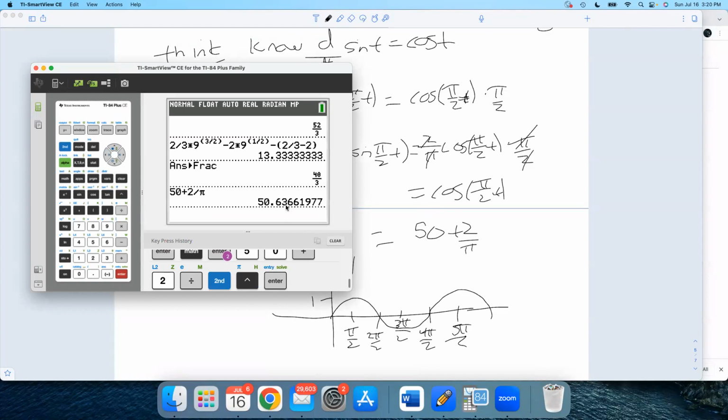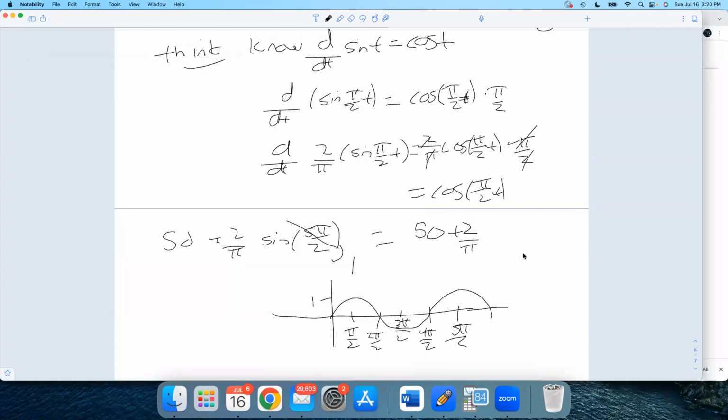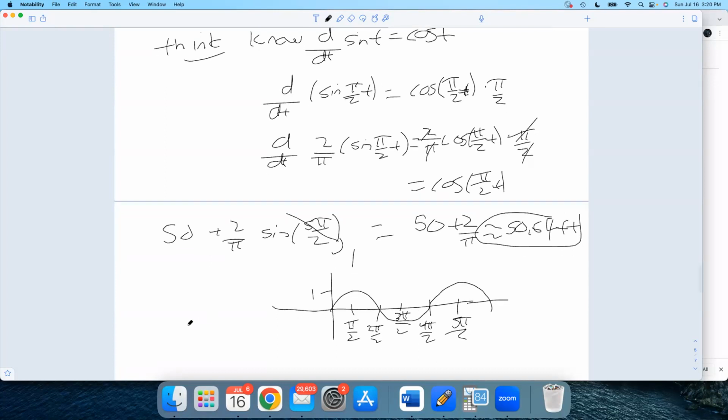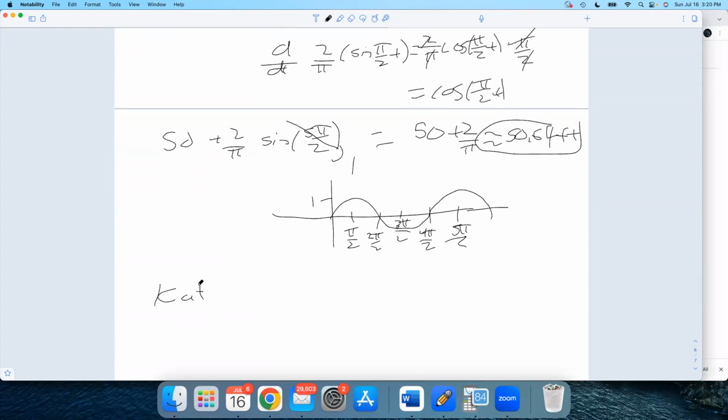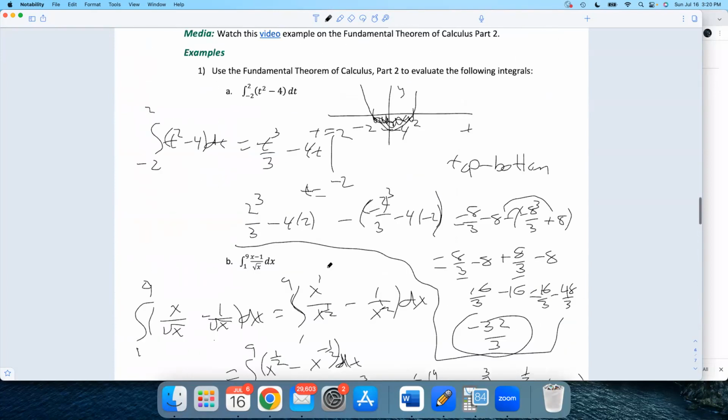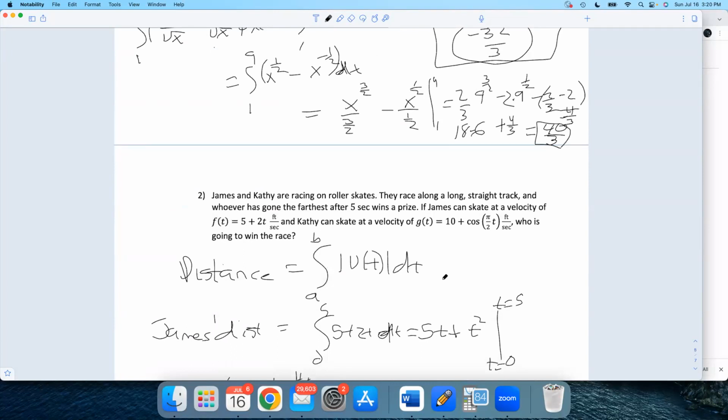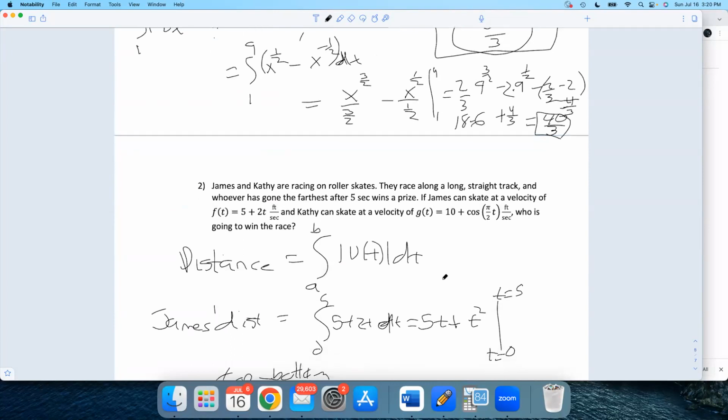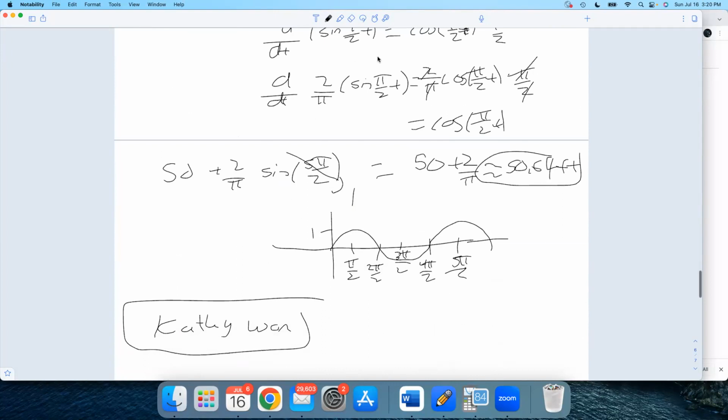About 50.64 feet. So Kathy went further, because the question was who went further in 5 seconds. Okay, that's a good place to stop that one.